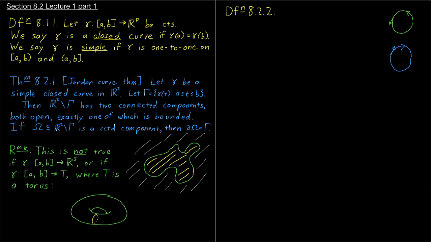We're going to define this for C^1 simple closed curves. It's C^1, meaning it's continuously differentiable, and it is also a simple closed curve. And let's suppose the following.